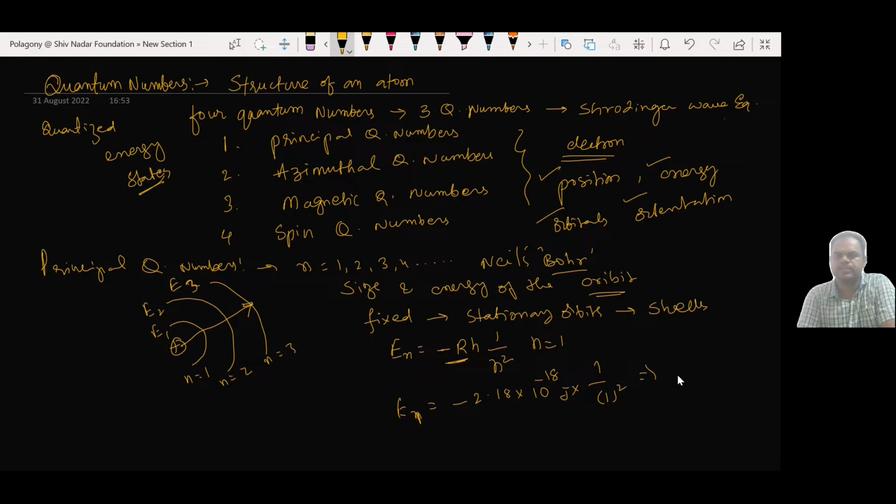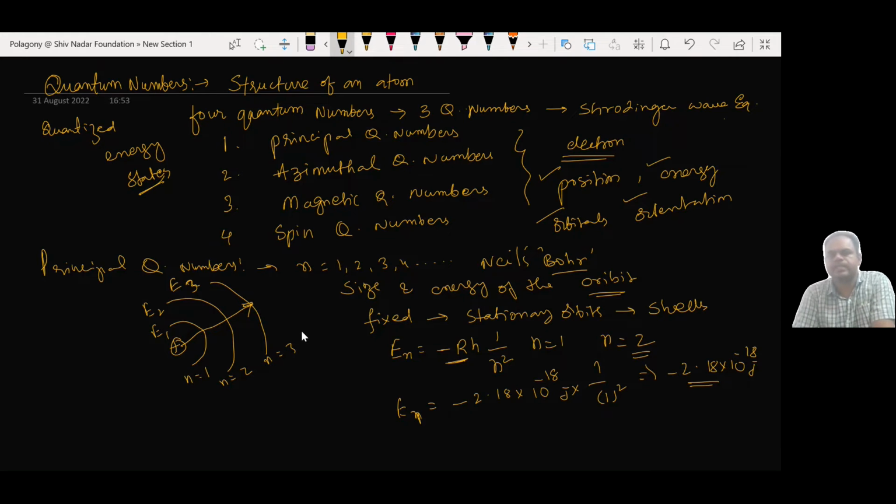So the energy present in the first orbit is minus 2.18 into 10 to the power of minus 18 joules. Similarly, you can find the energy present in the second orbit by using this formula.